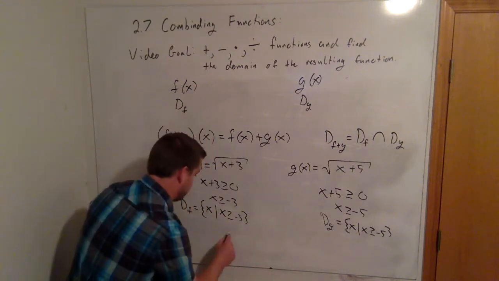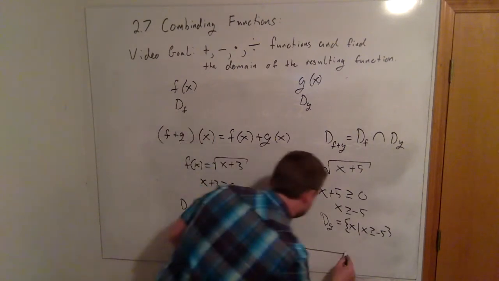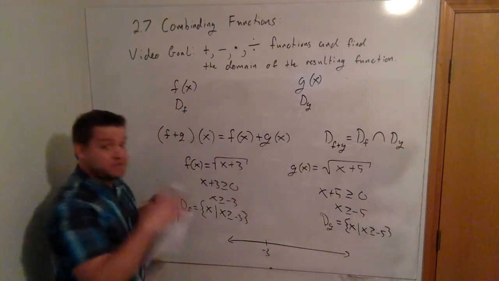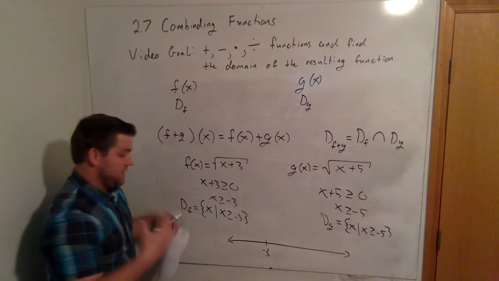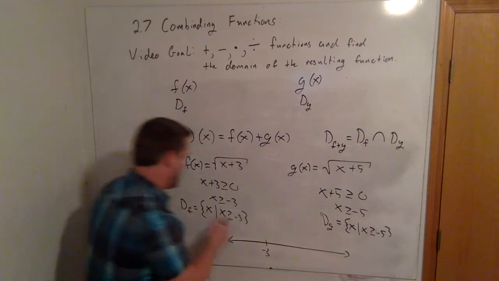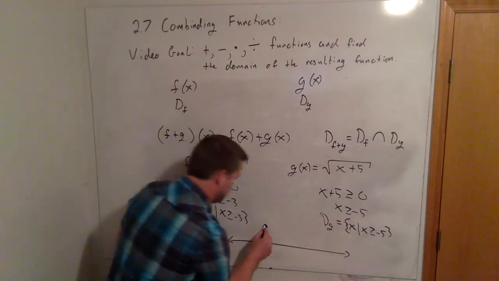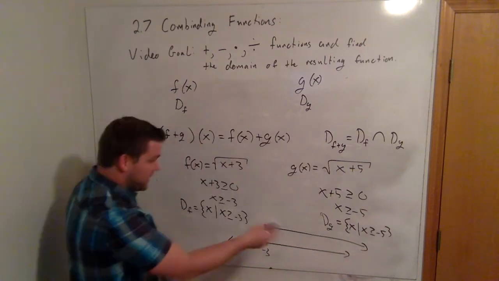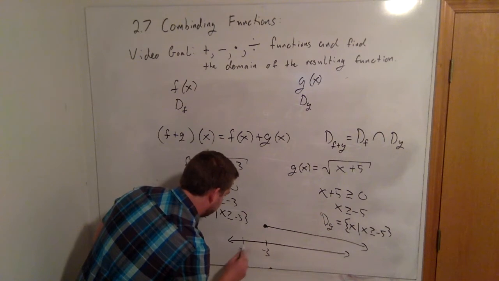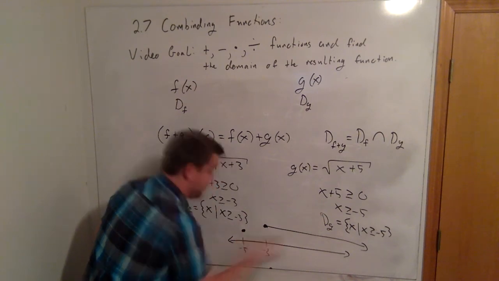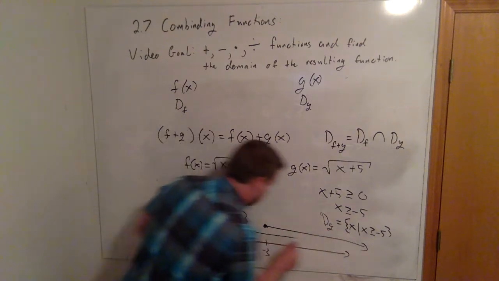If I were to graph this, here I have negative 3, so this would kind of be like my A bubble, except I'm not writing it as a bubble, I'm writing it as a line. So all x such that x is bigger than or equal to negative 3. But I also need all values of x that are bigger than or equal to negative 5, here's negative 5.